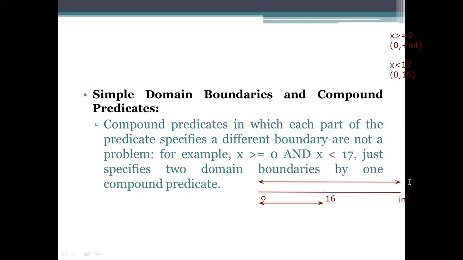This one is x greater than or equal to 0, and this one is x less than 17. So we need to specify two boundaries for just a compound predicate.